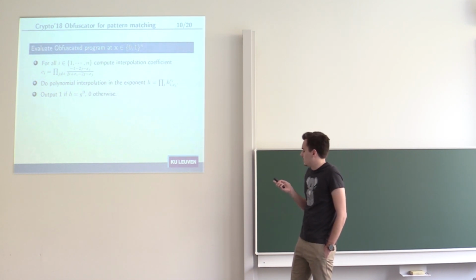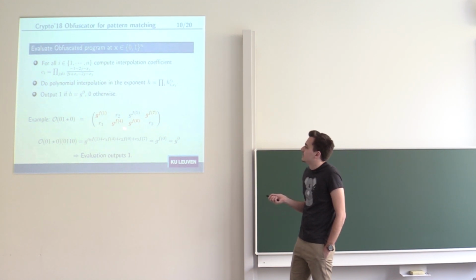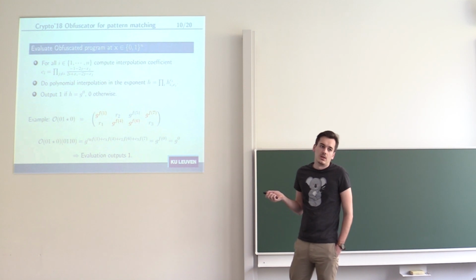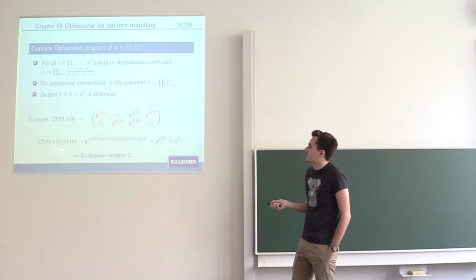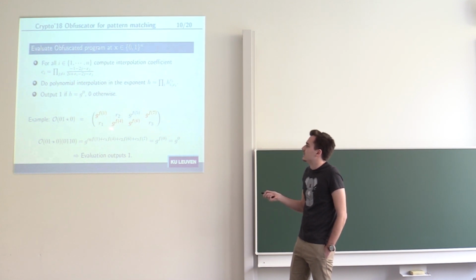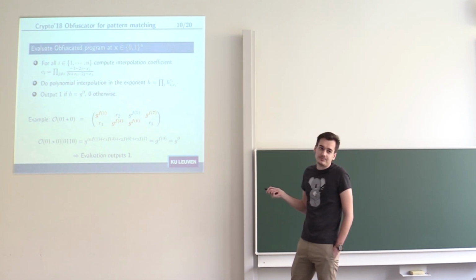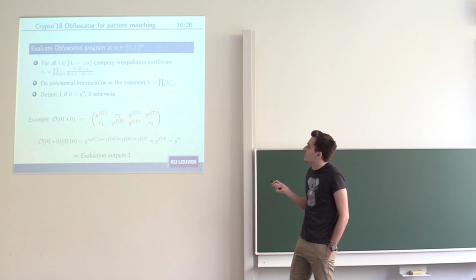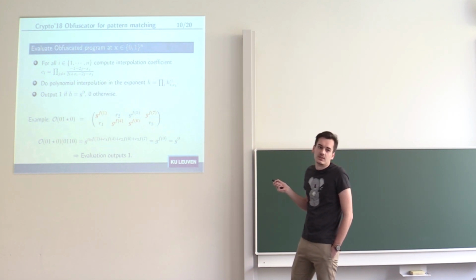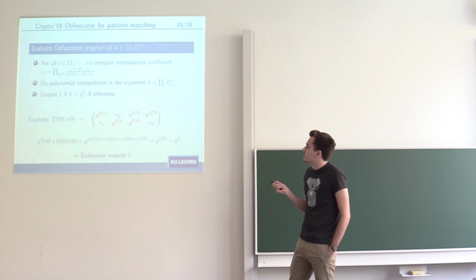So let's look at the example. You pick elements h_i,x_i. So the elements that you pick depend on the input. For example, if you're given input 0, 1, 1, 0, then you pick this element, this element, this element, this element. And then you compute this product with the interpolation coefficients that you've computed as powers. And then what you get is this.